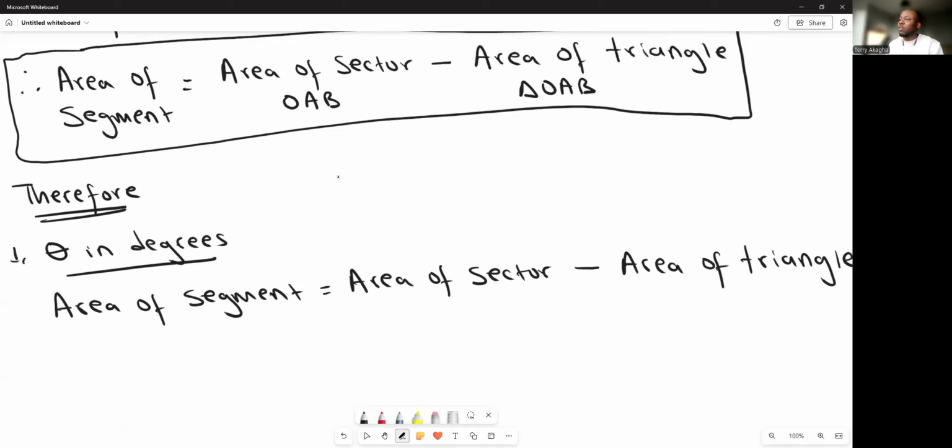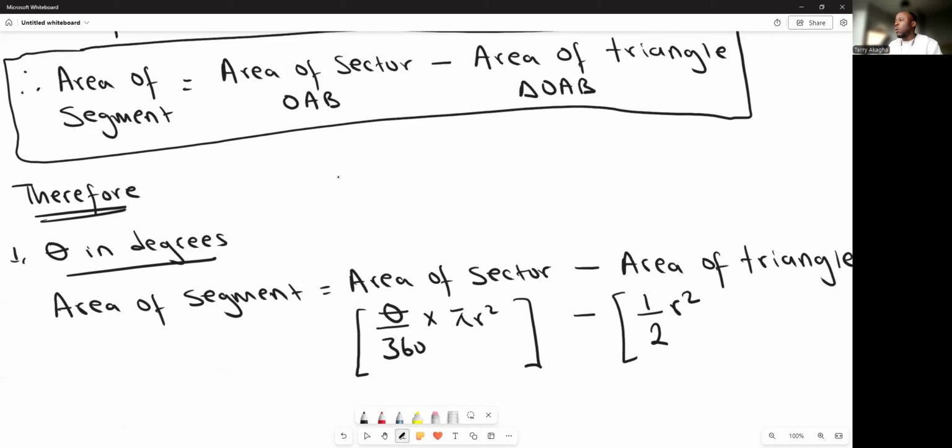But if it's in degrees, I told you that the formula is theta over 360 times pi r squared, minus the area of a triangle, which is 1 over 2 r squared sine theta. And that's the formula.